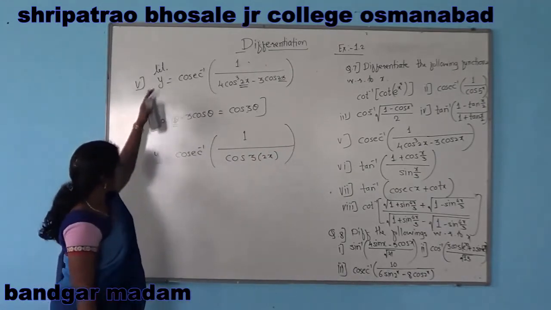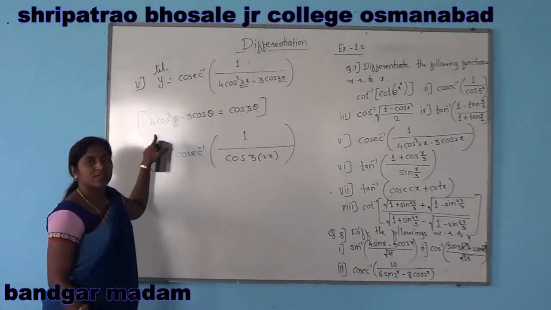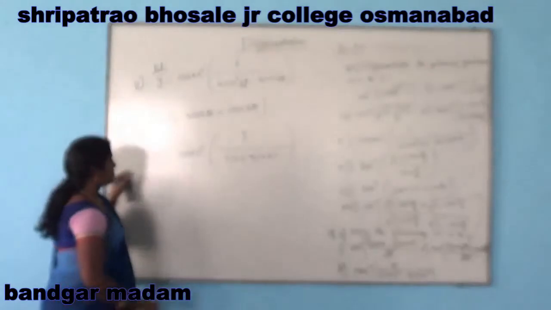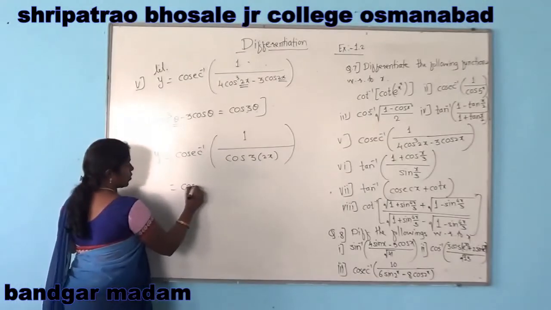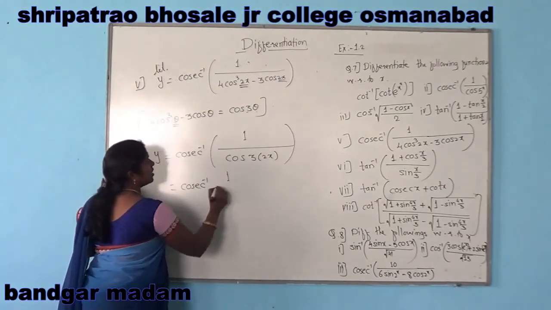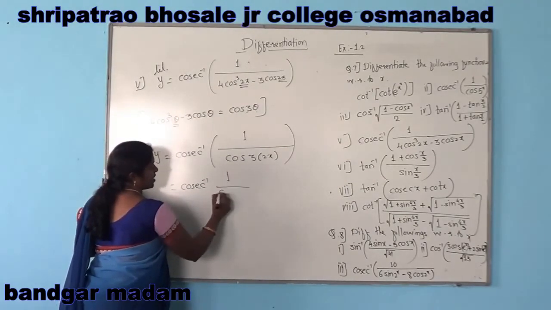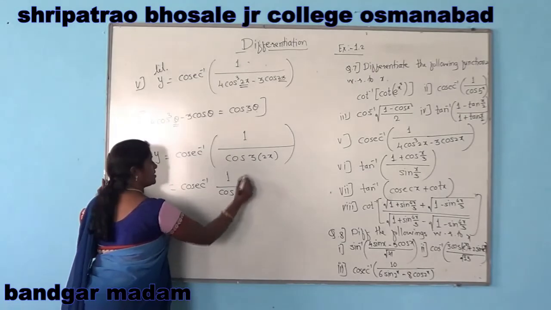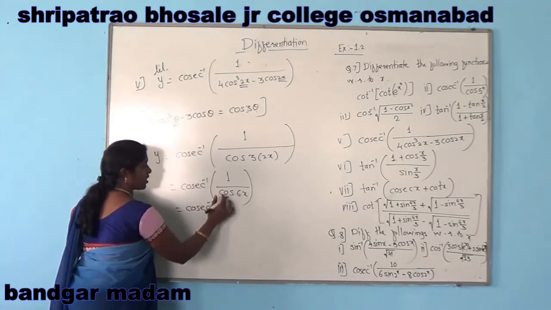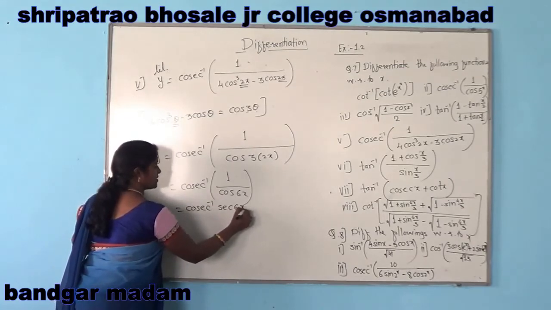To solve this example, we have to know the formula for cos 3 theta, 4 cos cube theta minus 3 cos theta. So y is equal to cosec inverse of 1 upon cos 6x. So this is cosec inverse of 1 upon cos, which is sec 6x.